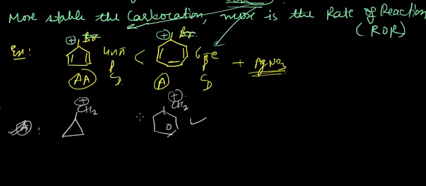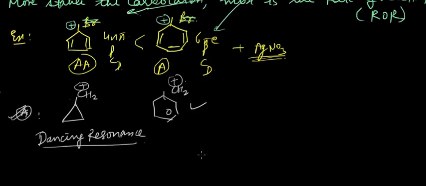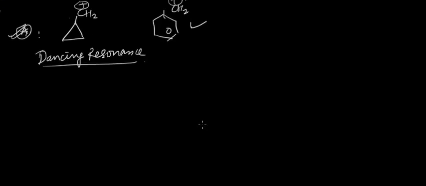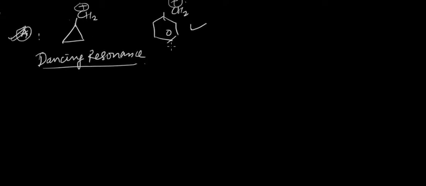But on the other hand, it would have some phenomena which is called as dancing resonance. So what is dancing resonance? Dancing resonance is nothing but a concept defined to suit these type of cases, wherein what happens actually is we have the resonance take place in such a form that we have positive sign here.